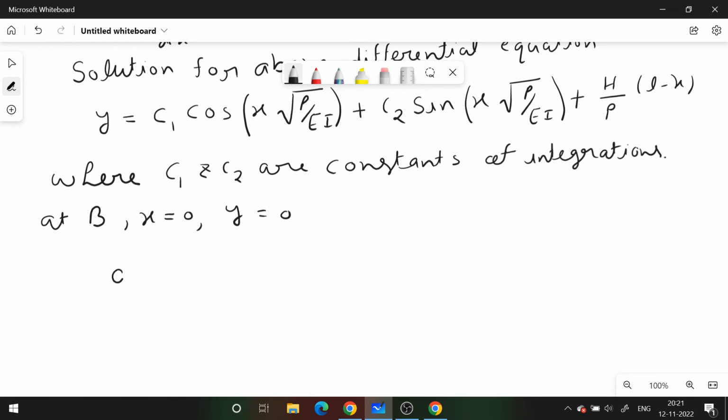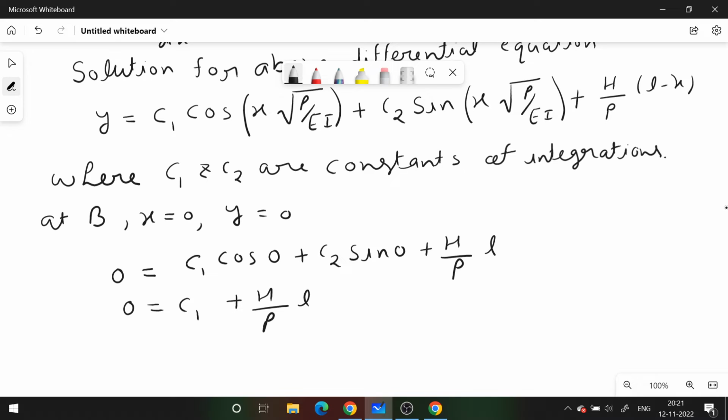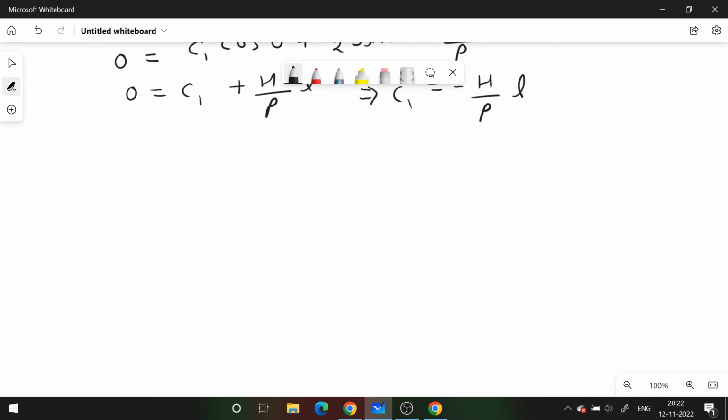Substituting this value in above equation, y is equal to 0 at x is equal to 0, it means C1 cos 0 plus C2 sin 0 plus H by P into L. Cos 0 is 1, sin 0 is 0, then C1 will be equal to minus H upon P into L.